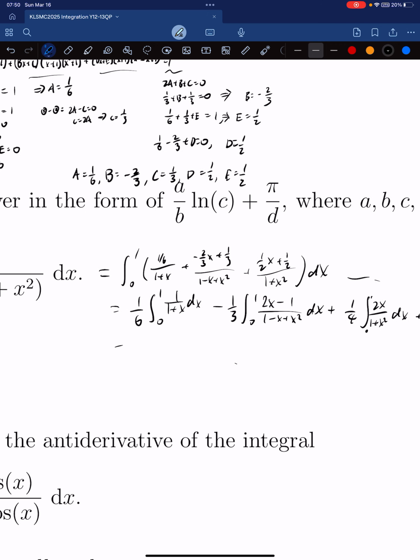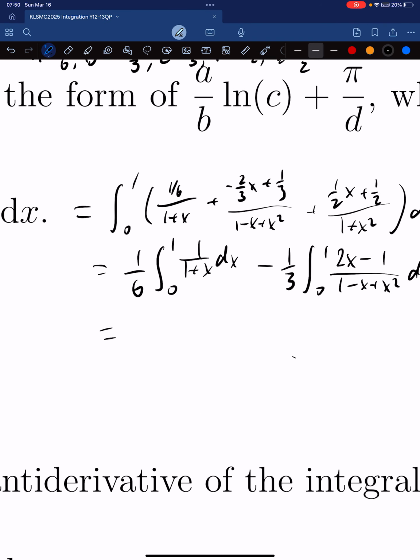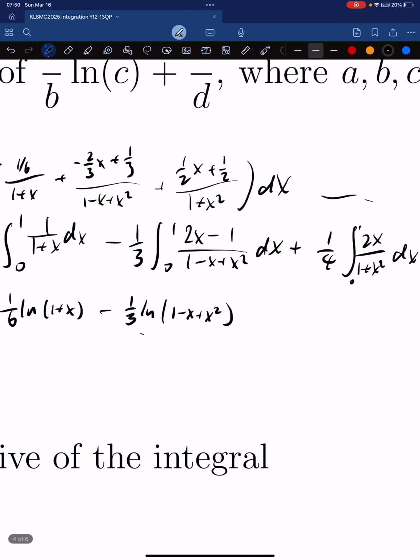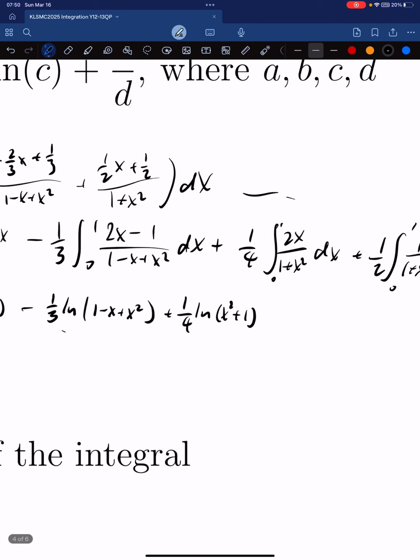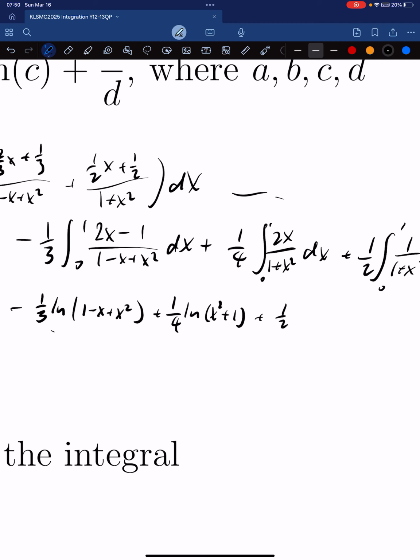So the first one is basically 1 over 6 ln(1 plus x), minus 1 over 3 ln(1 minus x plus x squared), plus 1 over 4 ln(x squared plus 1), plus 1 over 2 arctan x.